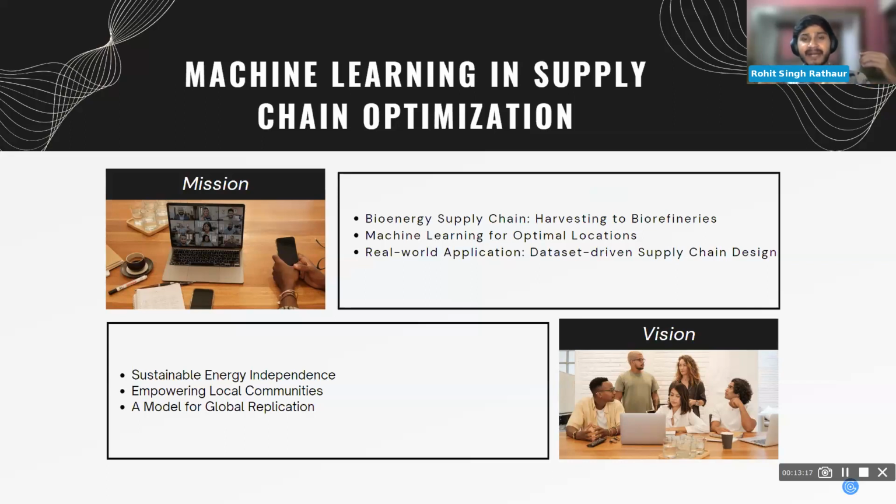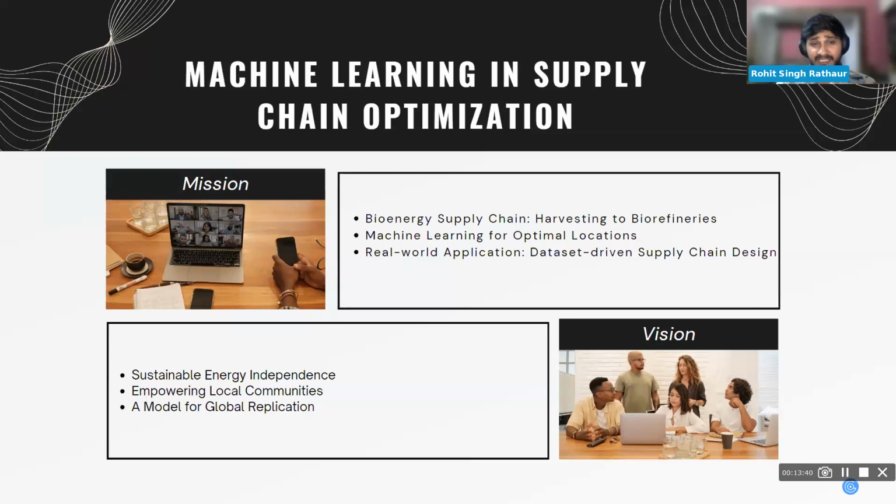Right now, my solution is not that optimal, but still I tried my best. I tried to design an efficient supply chain and ensure that biomass travels the shortest possible distance, reducing costs and also emissions.